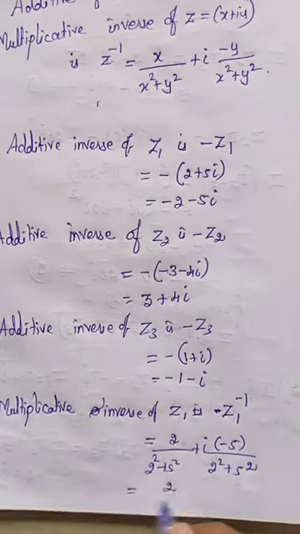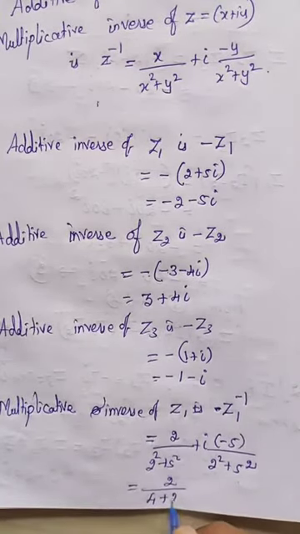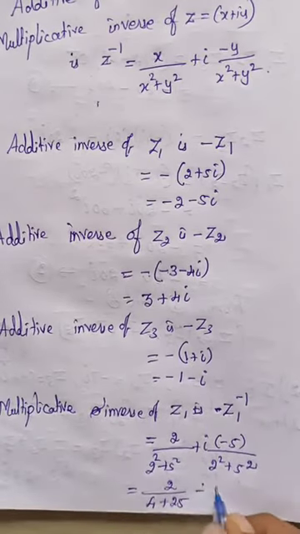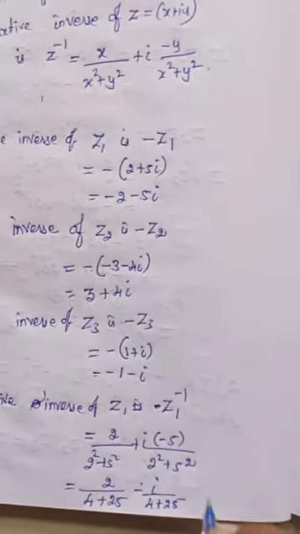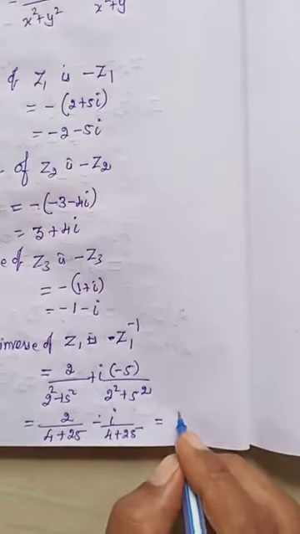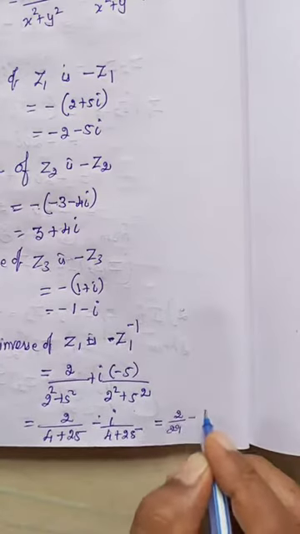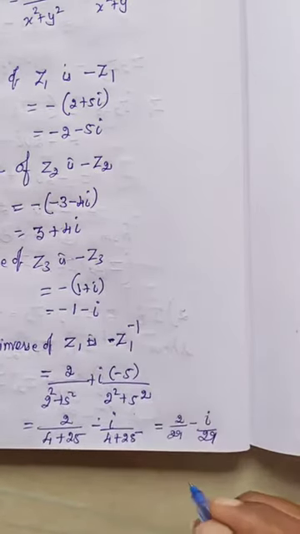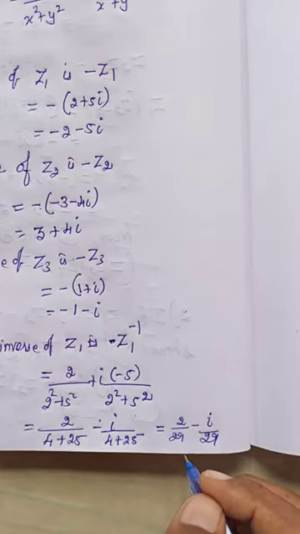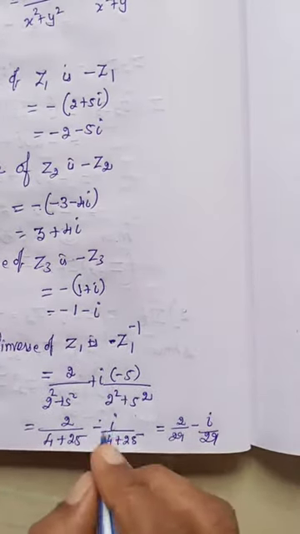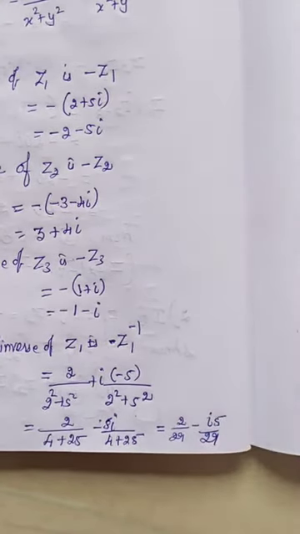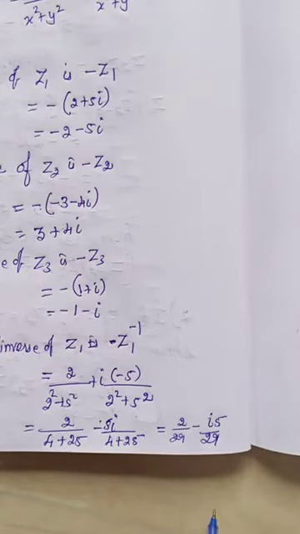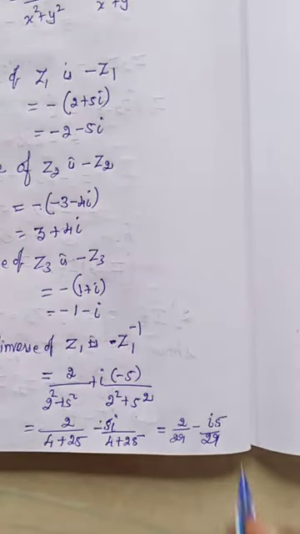So we can simplify. 2 square is 4, plus 5 square is 25. This is minus i by 4 plus 25. So we may get the answer as 2 by 29 minus 5i by 29. Or you can take 1 by 29 outside: 1 by 29 into (2 minus 5i). Is that clear? Shall we do the second one?